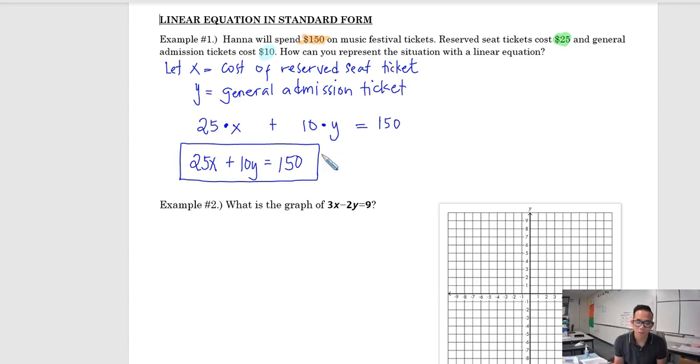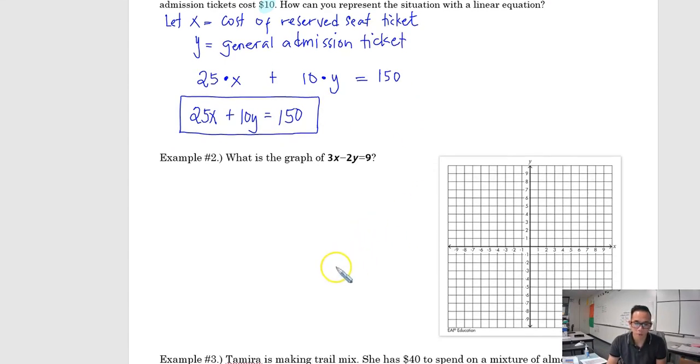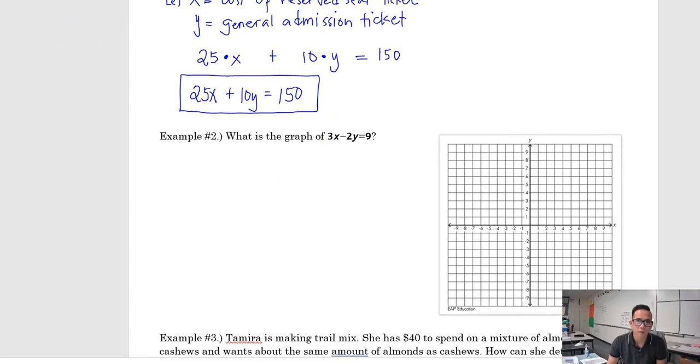All right, next example: we are going to sketch the graph of a linear equation in standard form. This will be a lot easier on graphing, because we are going to assume the value of x and the value of y separately to be 0.